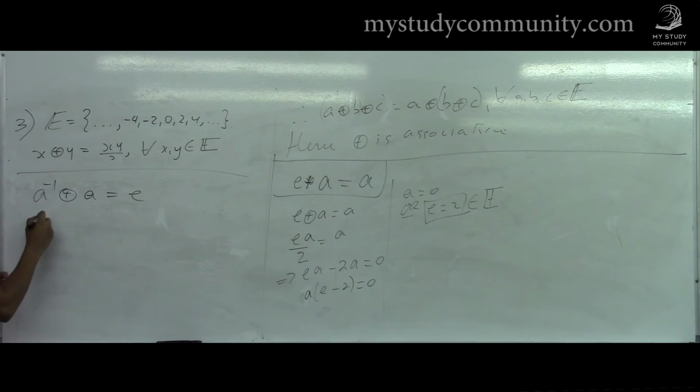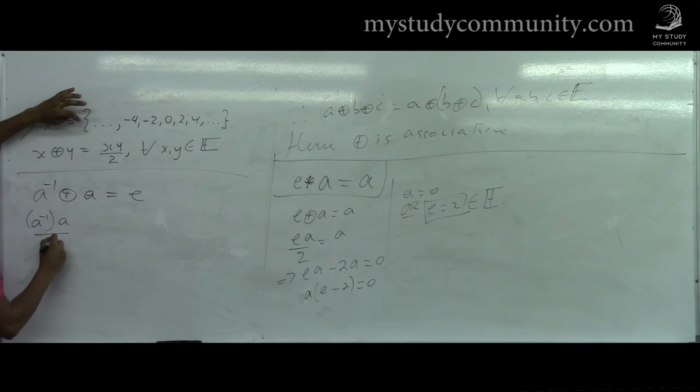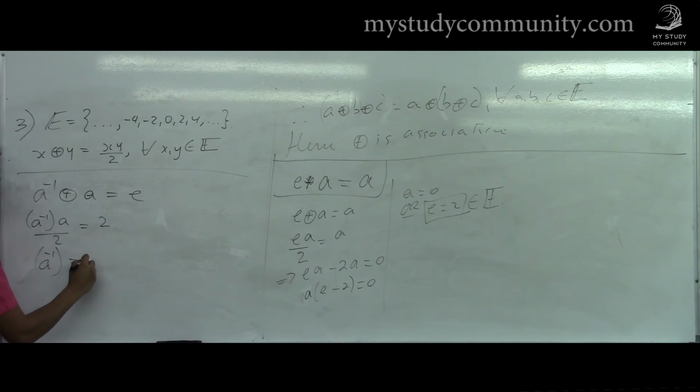So therefore, we have the inverse of the element times the element over 2 gives me back 2. Therefore, the inverse of A is 4 over A. Yes? So when we reach here, we need to determine if this formula for the inverse of an element A will work for all my elements.